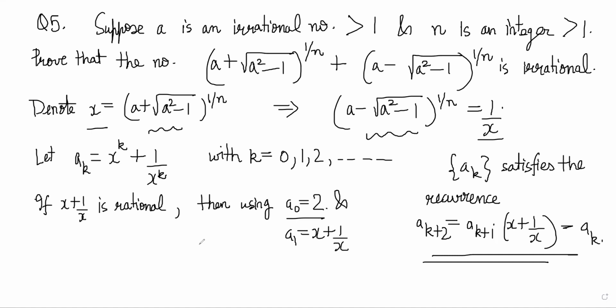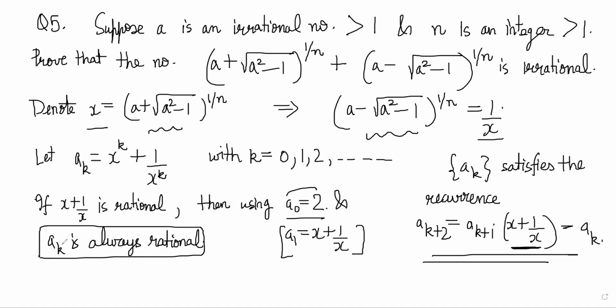We know that a1 is rational, a0 is rational. So any a_k is always rational. I hope you understand this step.